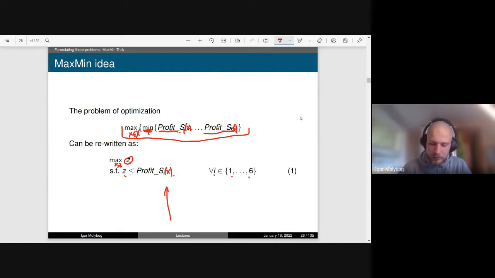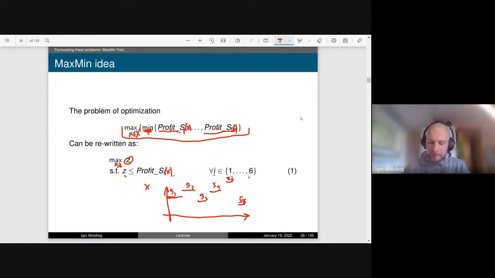For visualization, you can think about it as the following. Let's say that we have profits on the following levels, and for a particular x, our profits are like this. This is S1, this is S2, this is S3, this is S4, this is S5, and this is S6.